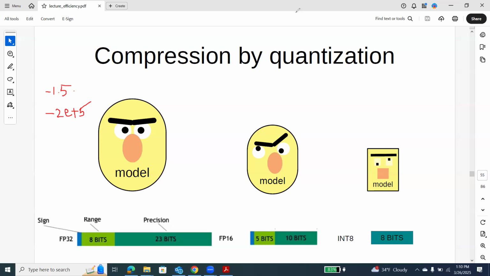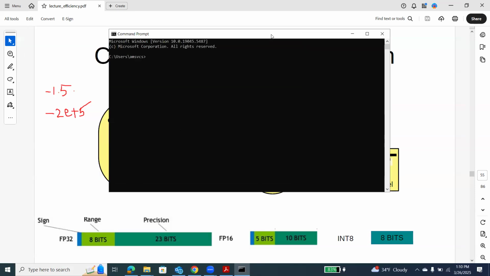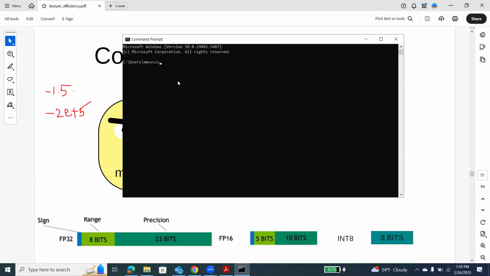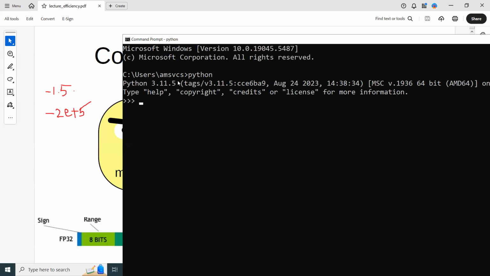Let's look at an example. NumPy doesn't have bfloat16. NumPy works only with float 16. But Torch has it, so let's import Torch.